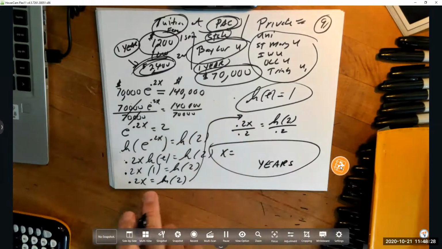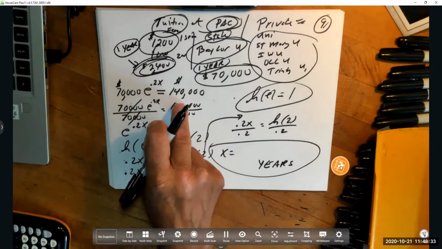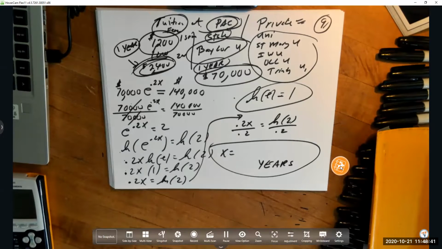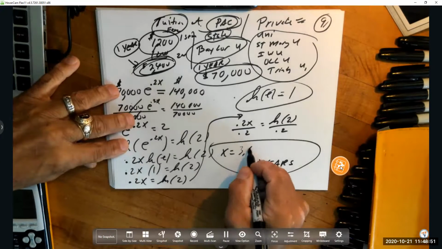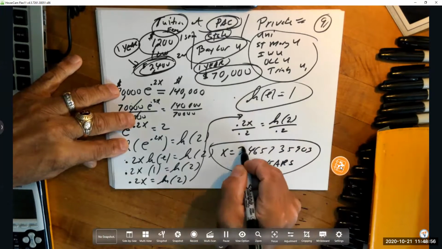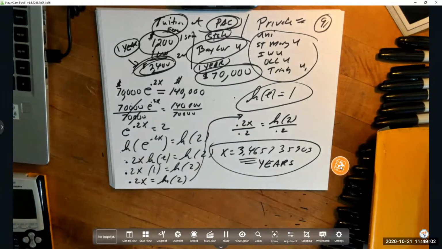So this is what happens. If right now it's 70, how many years is it going to be twice the price? They're going to charge you $140,000 for that. So do it in the calculator: ln of 2 divided by 0.2. Okay, give me numbers. 3.465735903. Yes. So like 3.5 years from now, if you call them, how much is tuition at Baylor?